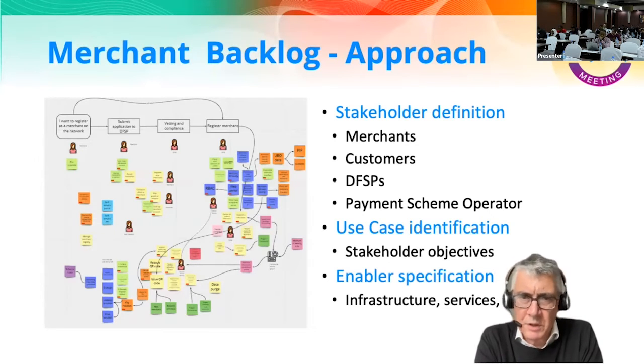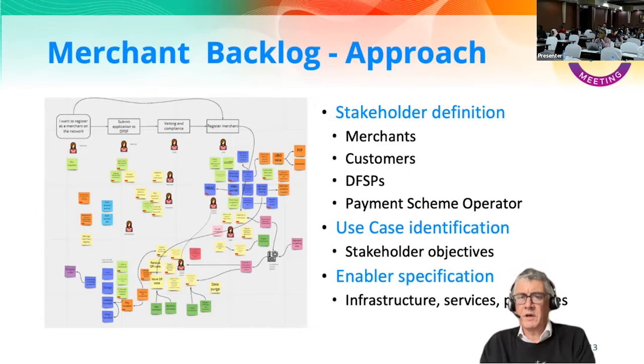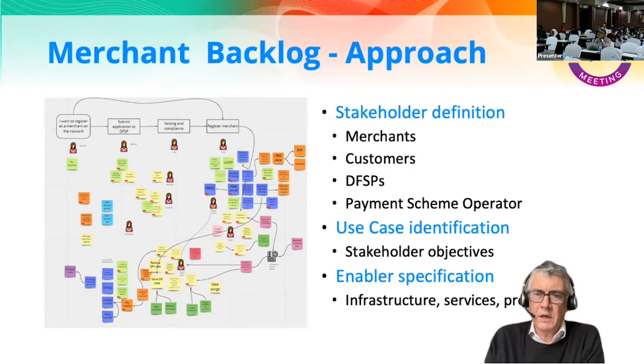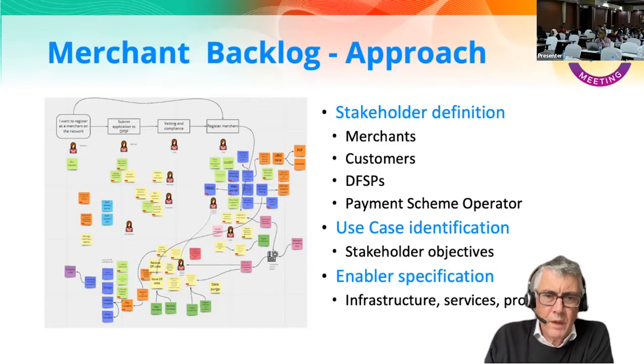So that includes merchants, customers, DFSPs, a payment scheme operator. I think we also had a merchant registry operator. We looked at the various use cases and defined the stakeholder objectives for each of those use cases. And we looked at the infrastructure, the services, and the processes that each would have to go through.